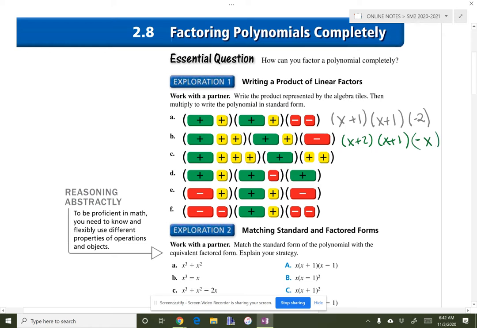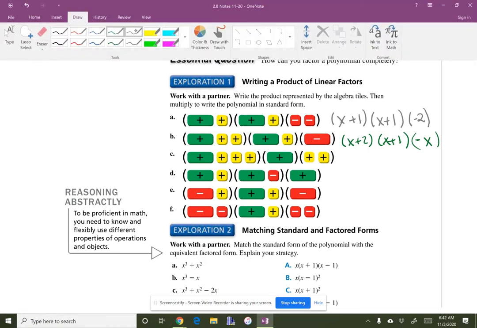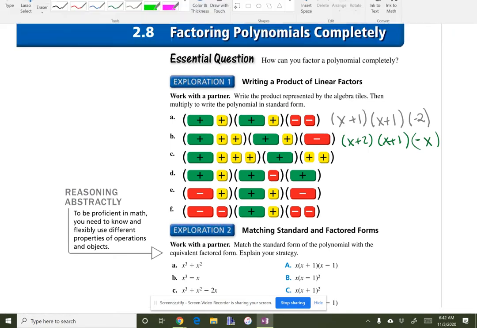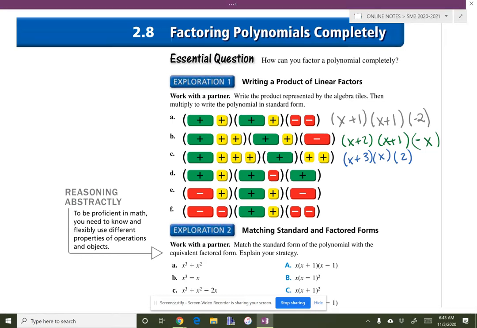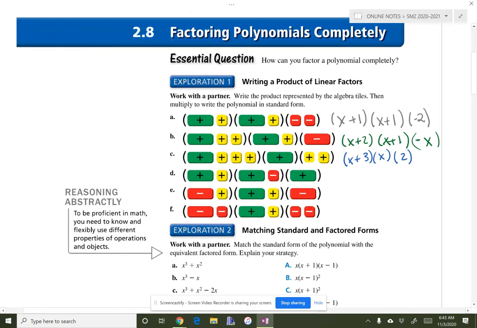Okay, go through those, finish those, understand the bars are x's. Okay, and then the little squares are just plus the number. So for C we have x plus 3 times x times 2. D, we have x plus 1, x minus 1 times x.